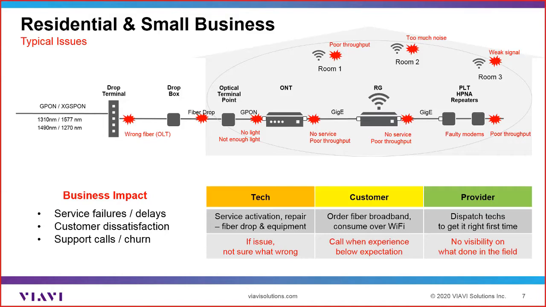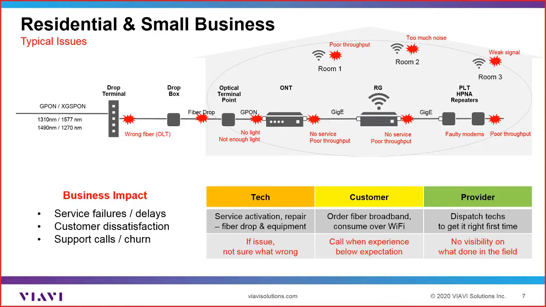So visually here, what does that look like? You can see a lot of the red marks throughout the network here. And if you're looking from a service activation standpoint for residential and small business, typically those technicians are responsible from the drop terminal to inside the home. And so when they're outside either connecting or running a drop fiber, they might have the wrong fiber coming in from that OLT.